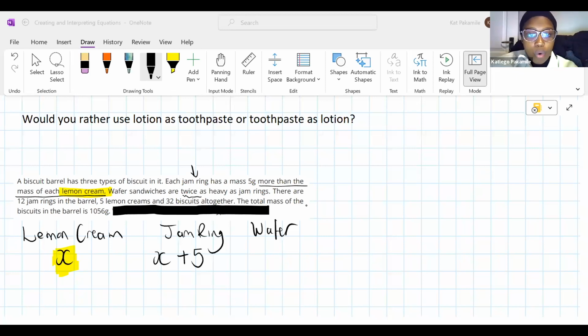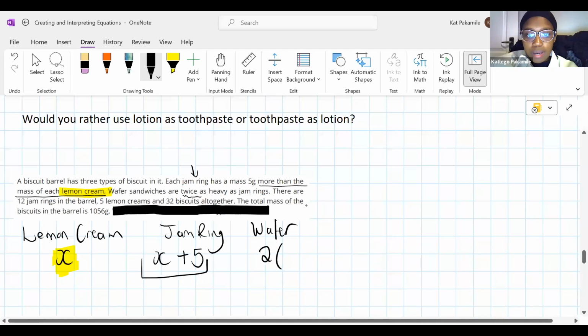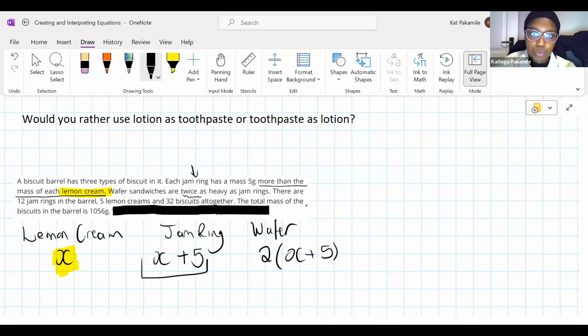The whole mass of a jam ring, X plus 5. Beautiful. I'm stopping. Did I lose anyone? Hoping I didn't. I think from now on you'll just tell me because we're running out of time. So we have the mass of 1 of each biscuit. 1 lemon cream is X, 1 jam ring is X plus 5, and 1 wafer is 2 times X plus 5. Cool.